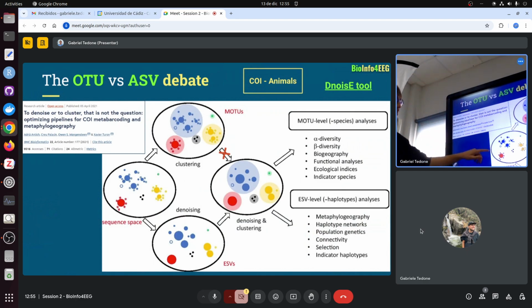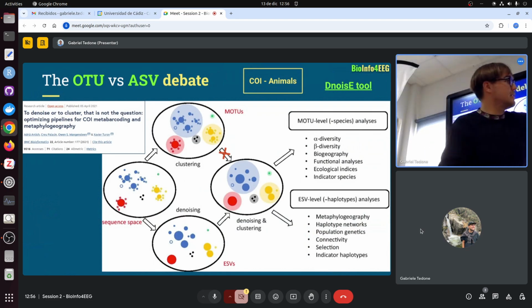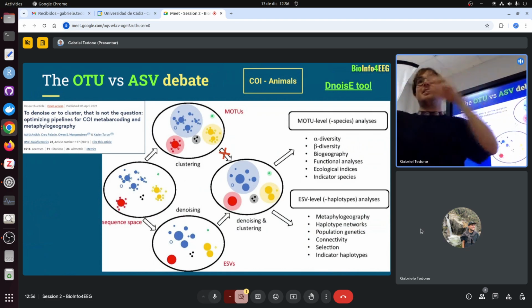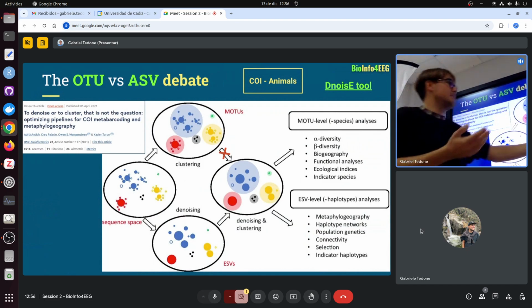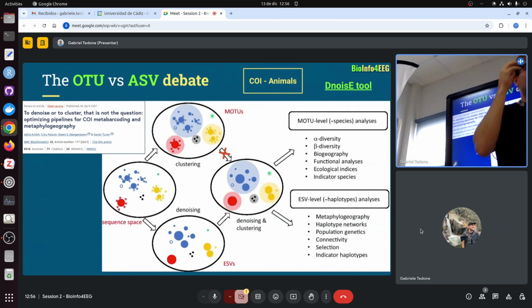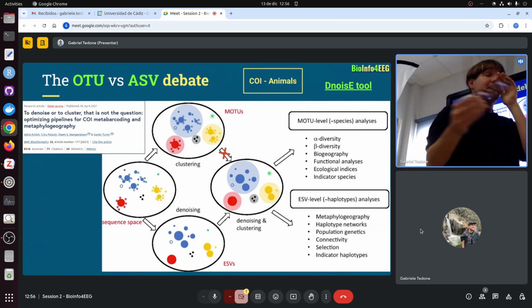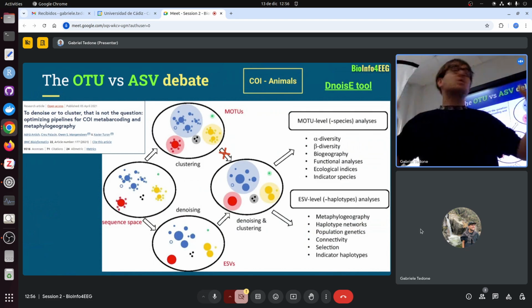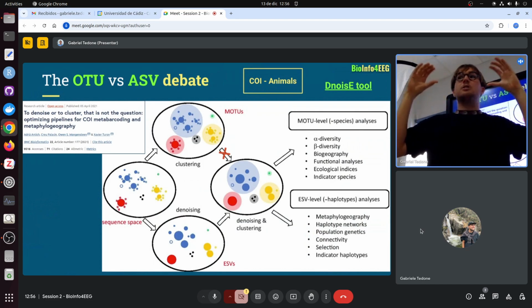And what they did was denoise first into exact sequence variants, and then they said cluster. And they took the idea Marco said before. They said, if we want to study the most basic ecological indices or how the community is formed, we will use OTUs because they approximate our understanding or our concept of species.